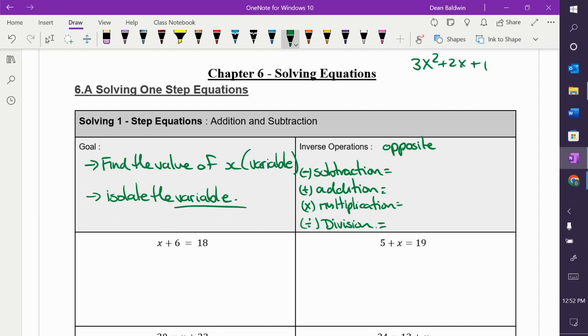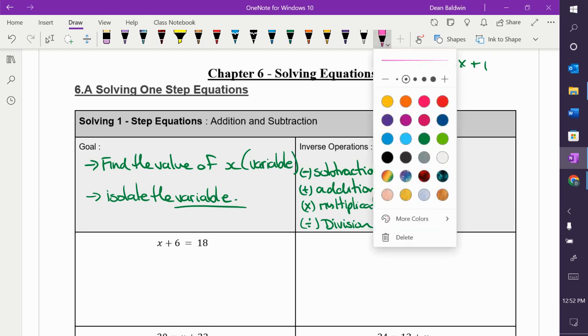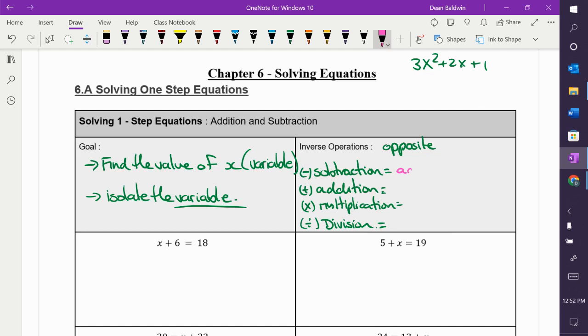What is the opposite of subtraction? Addition. And the opposite of addition is? Subtraction. The opposite or the inverse of multiplication would be? Division. And division would be multiplication.